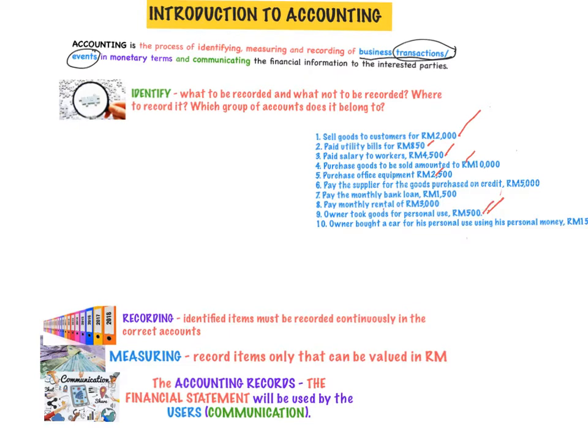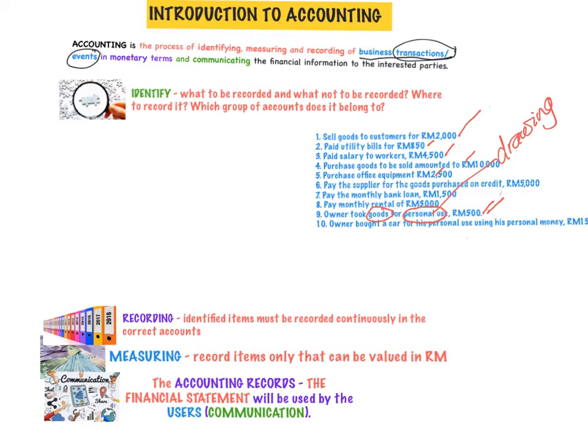Because the goods that you take are the business goods, but used personally, and this is what we consider a drawing. The drawing is what the owner takes from the business for his personal use. And then number 10, the owner bought a car for his personal use using his personal money.